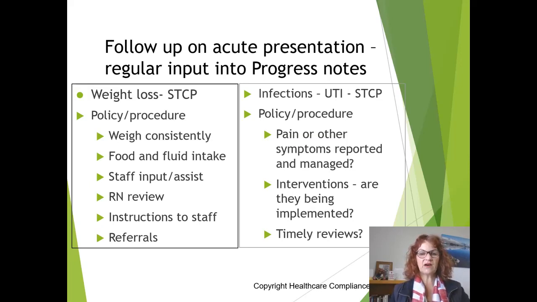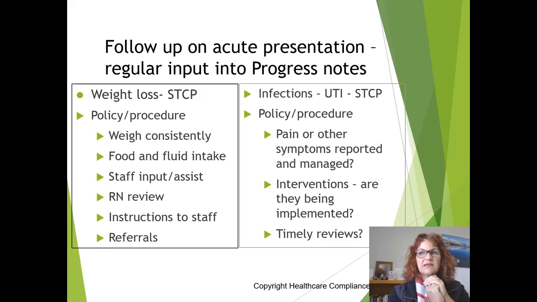There is good, clear guidance in your policies and procedures to support a consistent process for working through these clinical issues. Look at how you're weighing. Are you weighing consistently? Are you making sure that when you're logging a weight for a person that you are noting it in a consistent way so that the date is relevant?